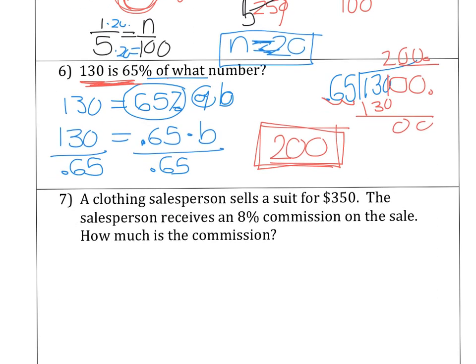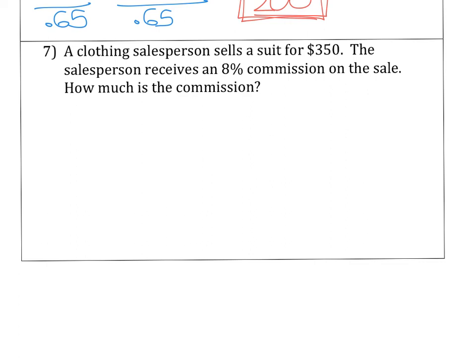Next problem. A clothing salesperson sells a suit for $350. The salesperson receives an 8% commission. This one is fine doing with this percent equation. So it's asking how much is the commission. So the commission is going to be equal to 8% of this $350 that the suit is. His commission, the part that he makes, is 8% of the $350.